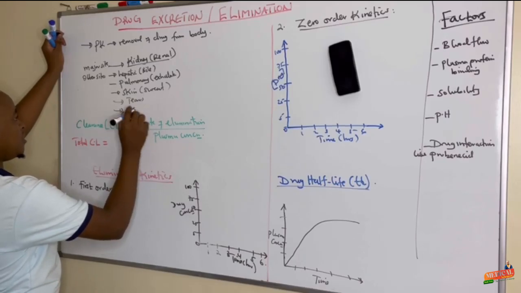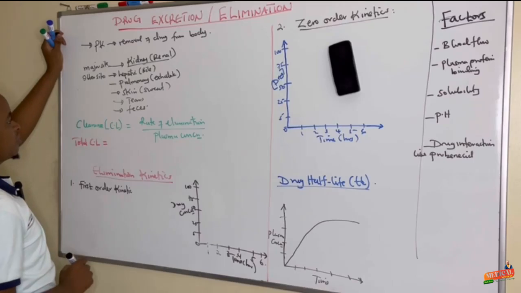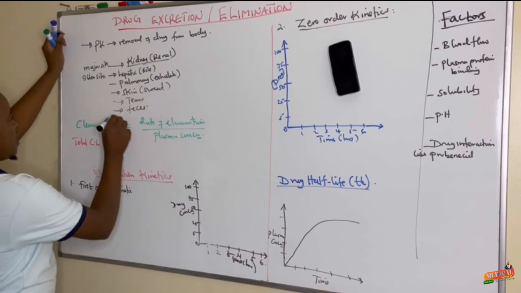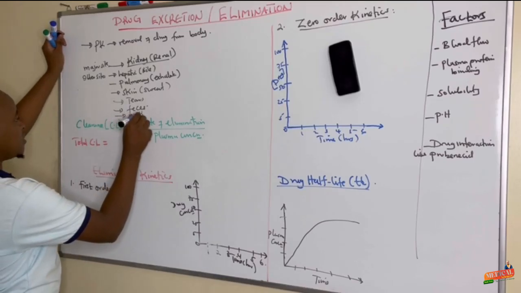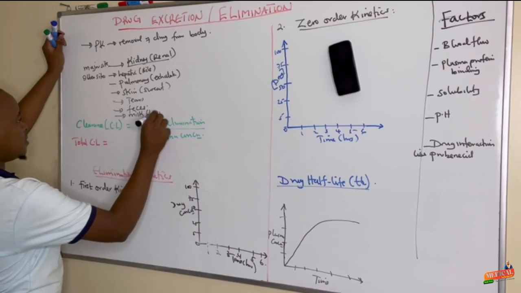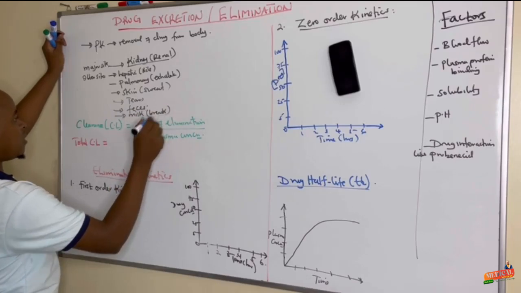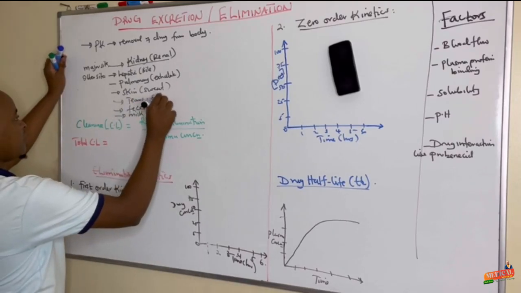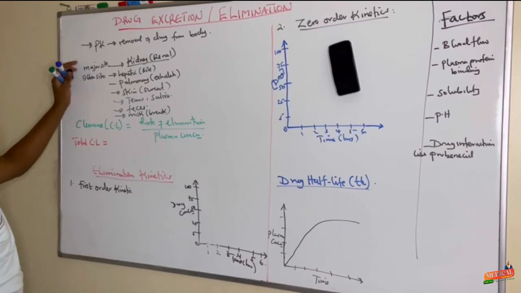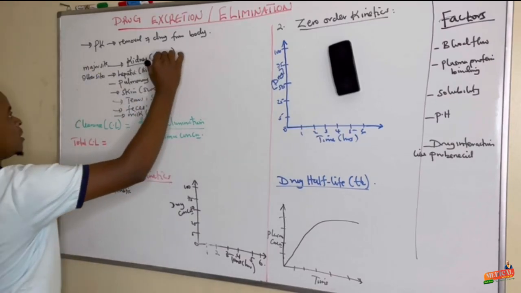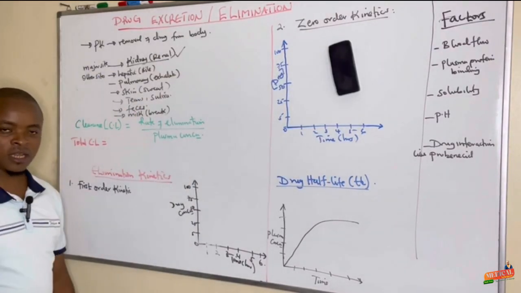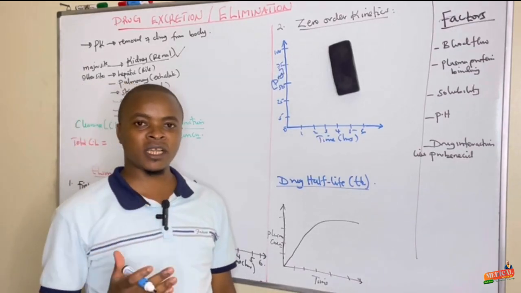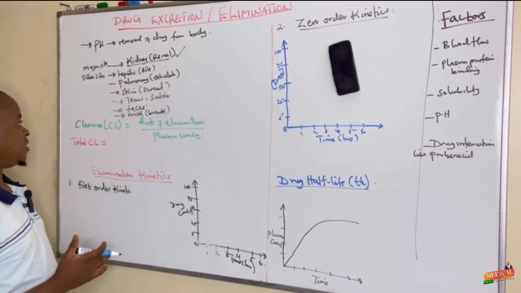You can see we lose some drug through that. Then another one is through breast milk. You can see also some drugs being eliminated. Another one, we can see them being eliminated via saliva. So these are different routes, but the major one is the kidney as the major site of drug elimination.